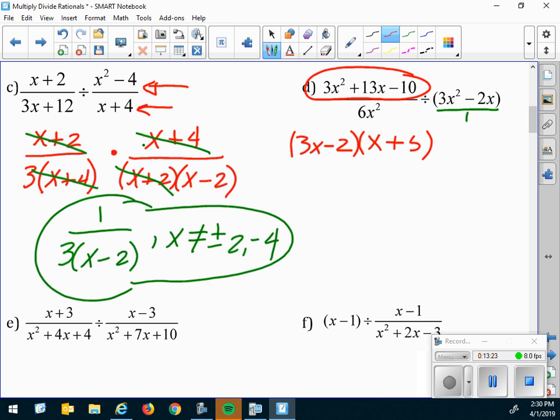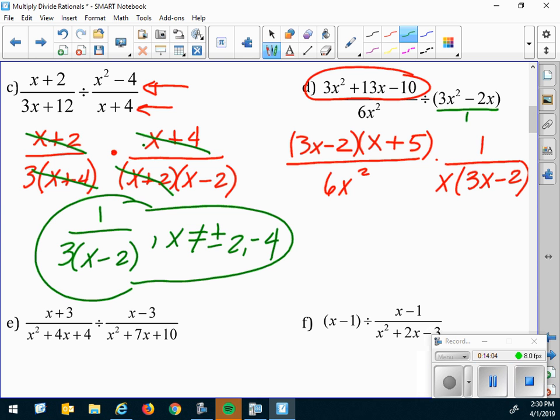Well, we better check on that. Well, let's see. That would be 15x. Does that add up to give me 13x? Yes, and does the last multiply to give me negative 10? Yep, so that's it. Good. x times 3x minus 2.